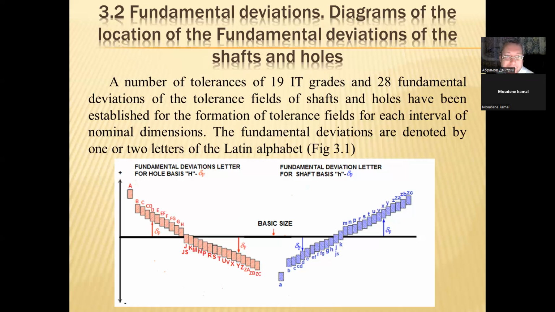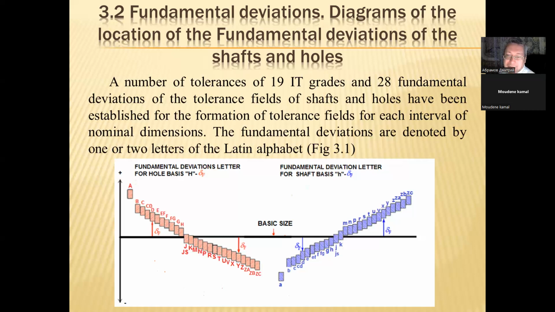A number of tolerances of 19 IT grades and 28 fundamental deviations of the tolerance fields of shafts and holes have been established for the formation of tolerance fields for each interval of nominal dimensions.